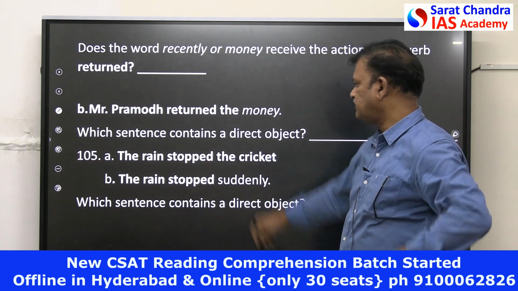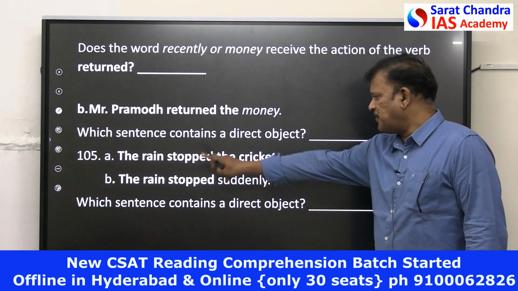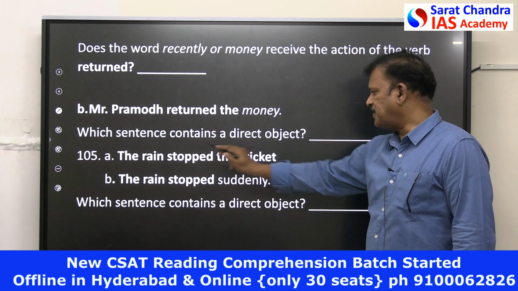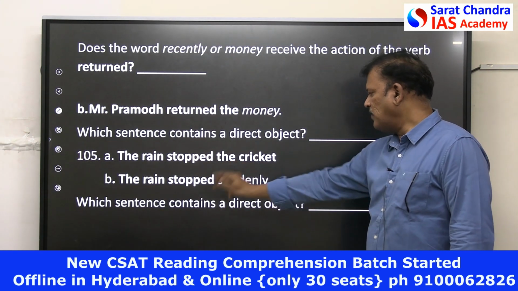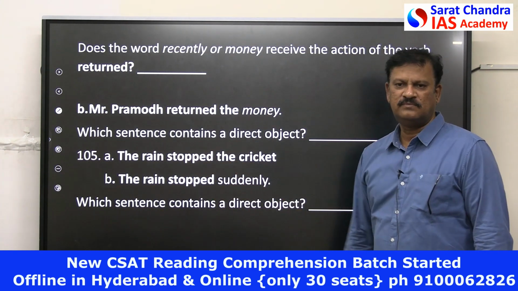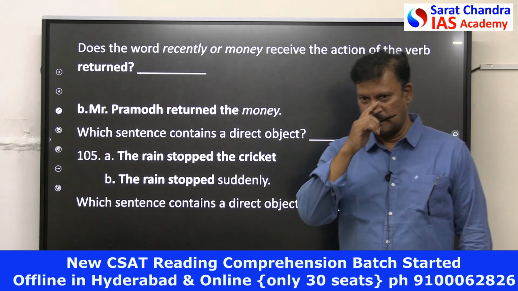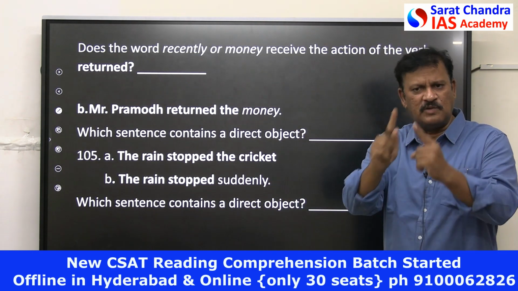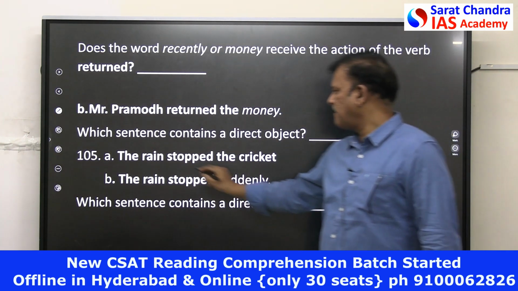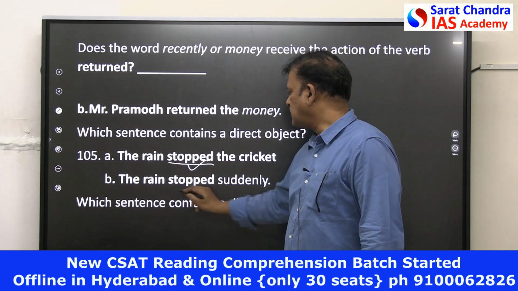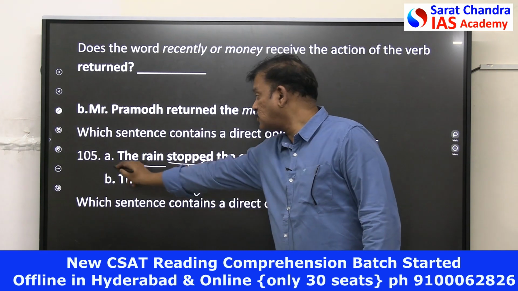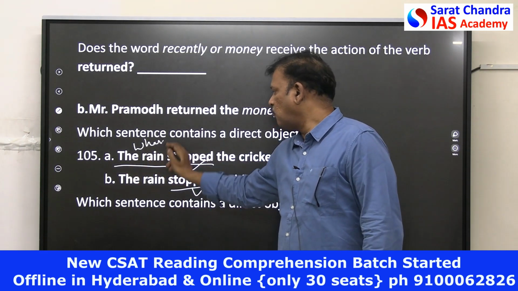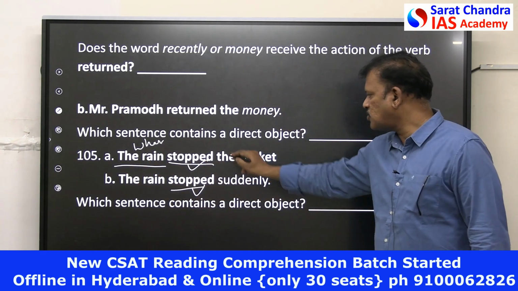Now, look at this too. The rain stopped the cricket. The rain stopped suddenly. Which sentence contains a direct object? And you know how to check that. Whenever I ask you to read a sentence, grammatically start with the verb. The rain stopped.